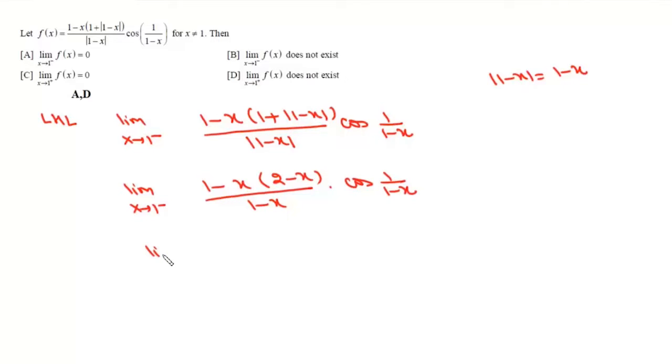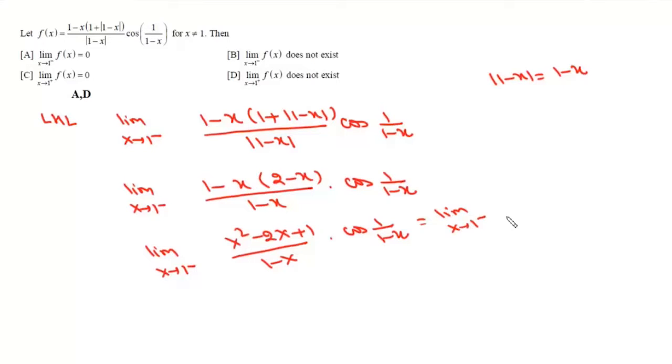Now this is the limit x tends to 1 negative, and here it will be (x square minus 2x plus 1) upon (1 minus x) cos(1 upon 1 minus x). Now this is (1 minus x) whole square, which will cancel with 1 minus x. So it will be the limit x tends to 1 negative of (1 minus x) into cos(1 upon 1 minus x).